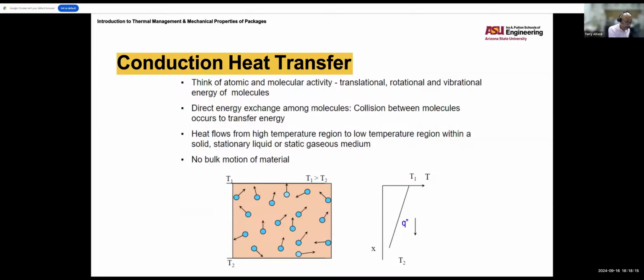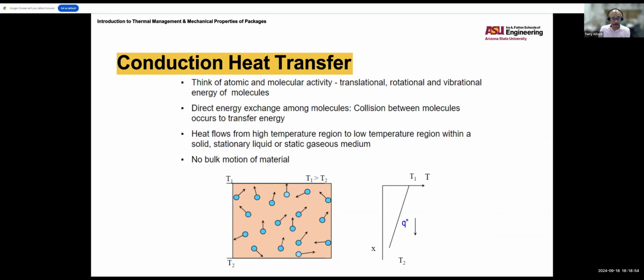Now, conduction. In the case of conduction, we have to look at the atomic scale. If T1 is higher than T2, I have molecules that are twisting, rotating, vibrating, and electrons moving, and when they undergo collisions, they can transfer energy. You think of these lattice vibrations as very fast at T1, and then they migrate down to T2.